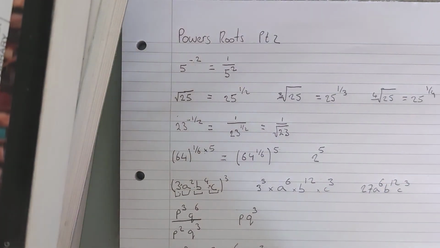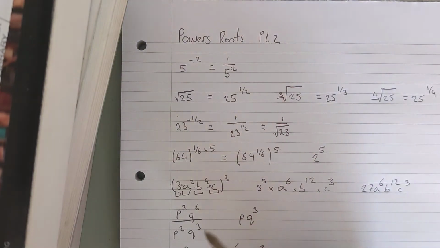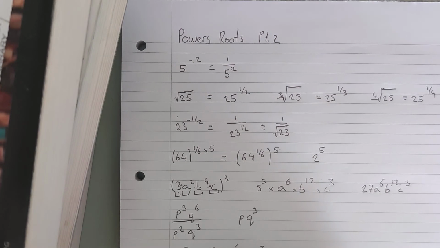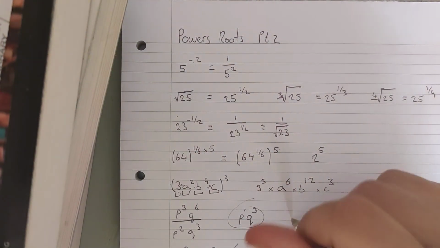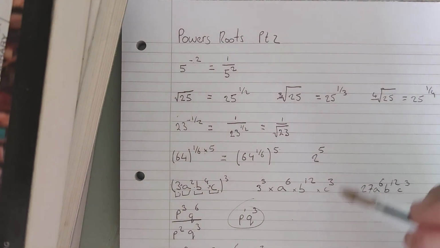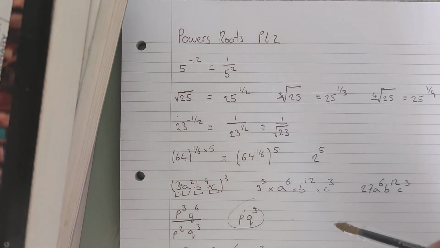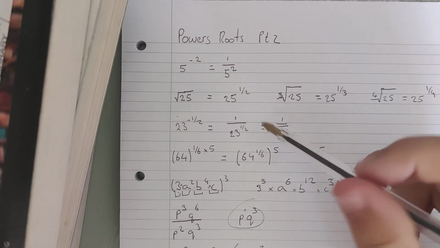And from our rules from earlier, if you multiply like terms, you just add the powers. So 3 plus minus 2 is 1. 6 plus minus 3 is 3. Bit harder, but as long as you practice them, it should be alright.